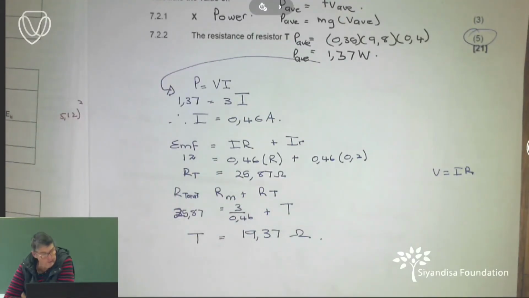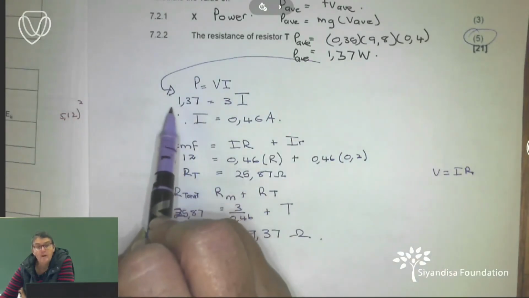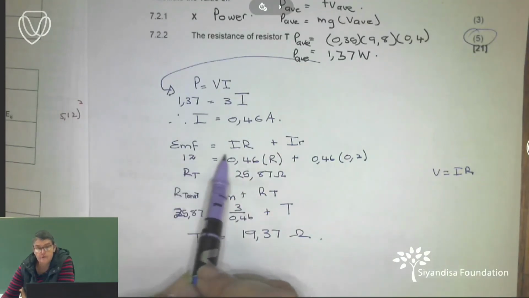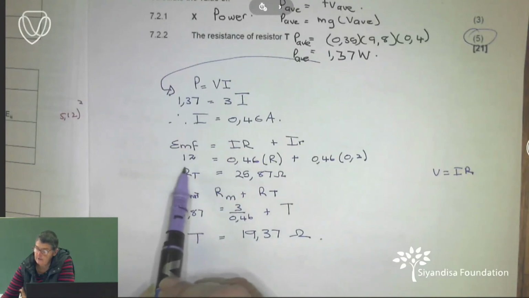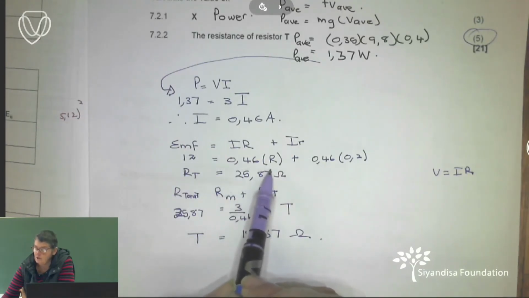Right, so what I went and did, there are various options you can do. I'll come back to other options now. My first option is I took what I just calculated, which was my power, and I worked out my current. Then I went to this formula. My EMF was given to me. That was my current times my external resistance.